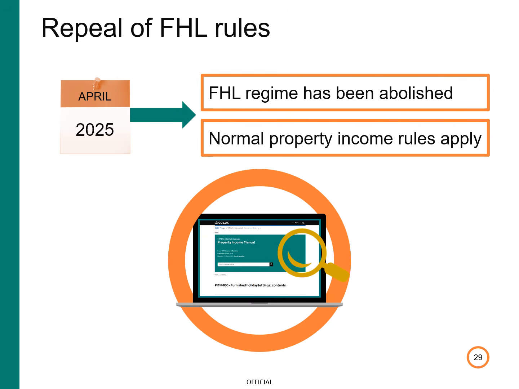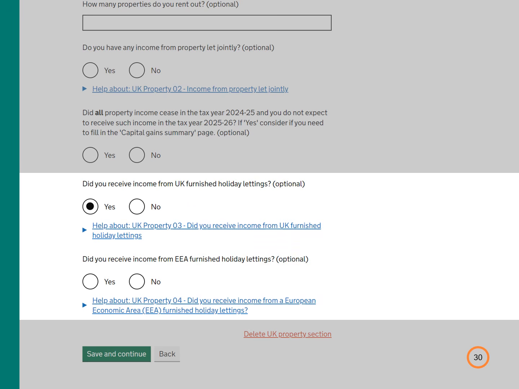Please note that from April 2025, the FHL regime has been abolished and normal property income rules will apply. You can find out more about this in the Property Income Manual PIM 4100 that we just mentioned. If your property letting qualifies as an FHL in 2024 to 2025, answer yes to the questions that apply.